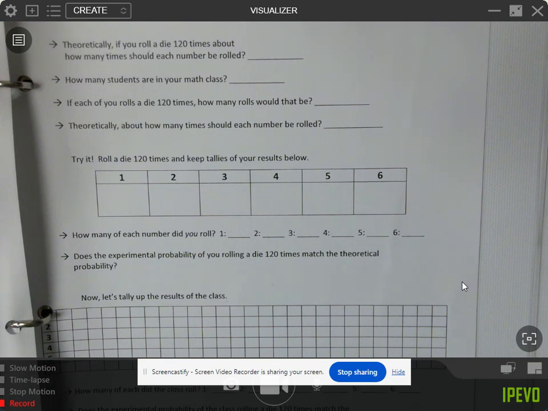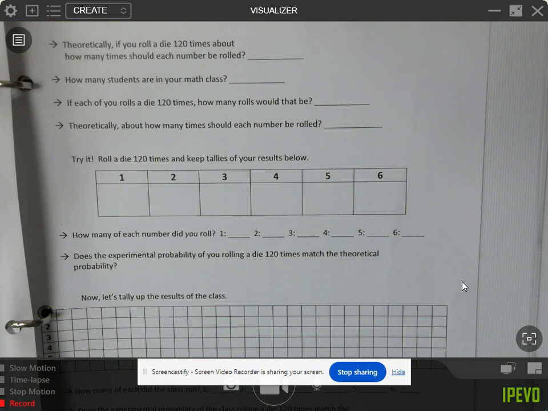By what number? 5. How many numbers are on a dice? You said 5. Right. So how many numbers are on that dice? There's 6 numbers on the dice. How many times should I roll a 5? I need to take that 120 times I'm rolling it, divide it up by my 6 because each number should have the same theoretical probability.